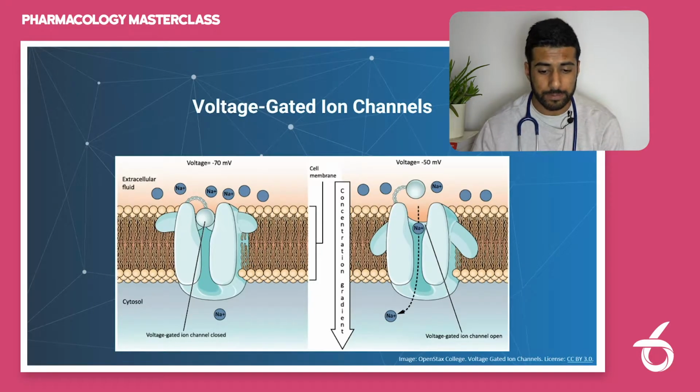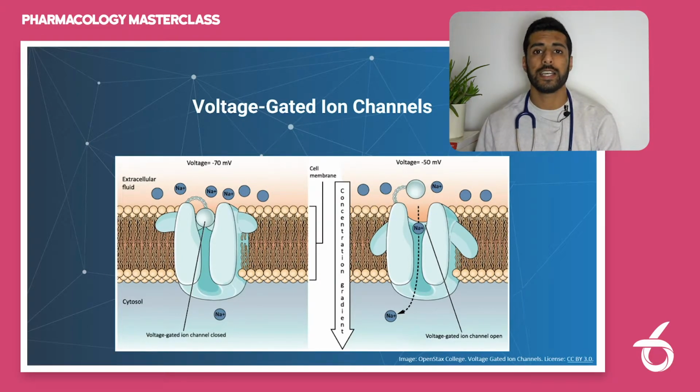This is something that you'll become very familiar with. It's the same concept as your ligand-gated ion channels, except here the actual stimulant is a change in voltage or a particular voltage. So if we think about the initiation of an action potential, the first thing we're going to do is depolarize the cell. To depolarize, you're going to make the membrane potential more positive.